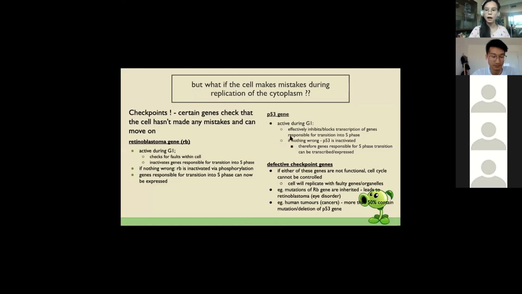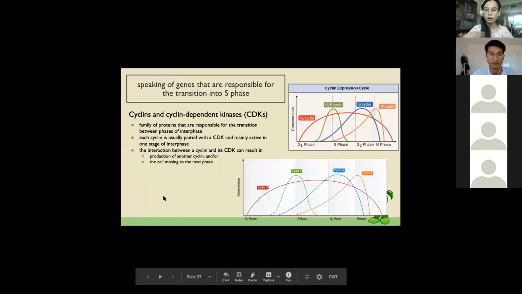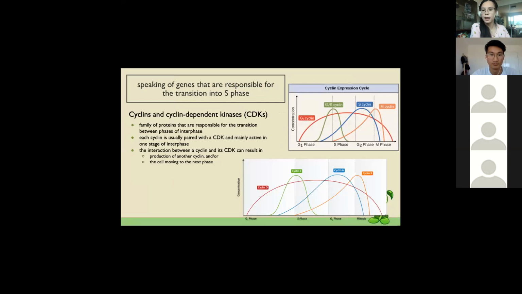If these genes are defective, if they're not functional, the cell cycle can't be controlled. The cell will be replicating with faulty organelles and faulty genes, and that can lead to cancer, basically. But if they are active and the cell can move on to the next phase, some genes will be expressed, and these are cyclins and CDKs. They are a family of proteins that regulate the transitioning of the cell from one phase of the cell cycle to the next.